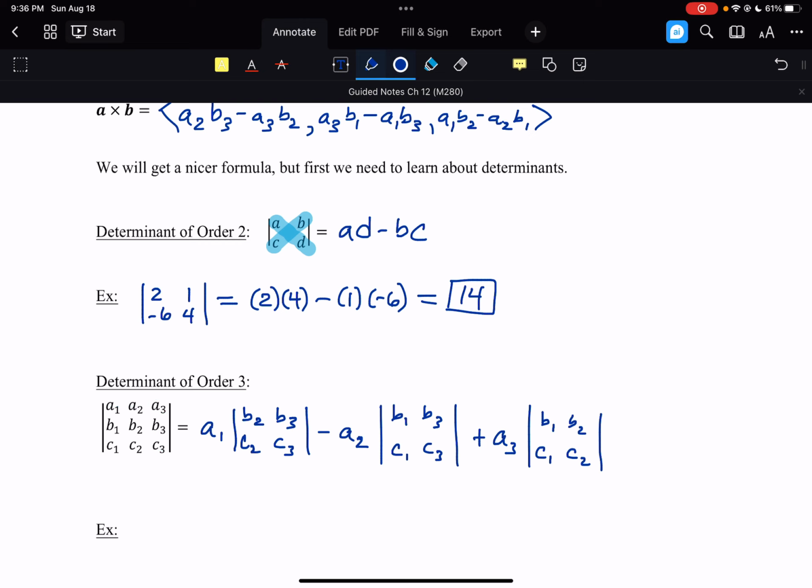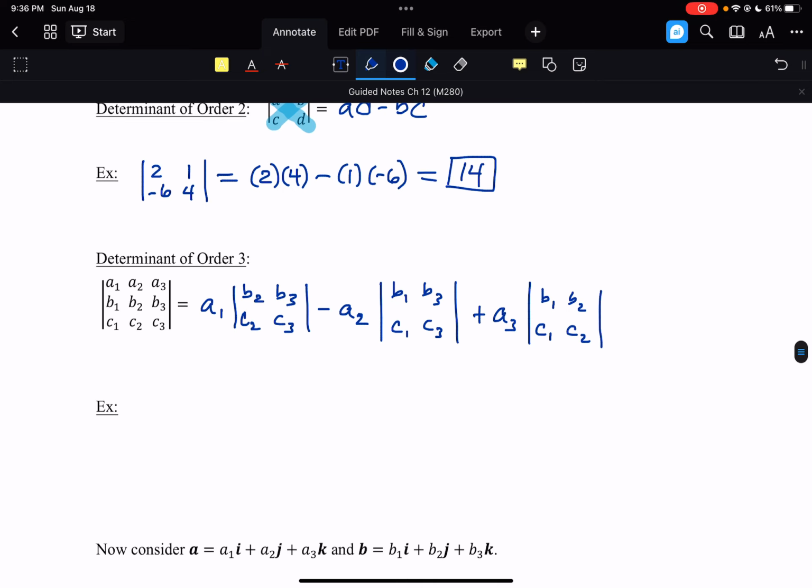And then, of course, we can compute the 2 by 2 determinants using the method that we just saw with that formula AD minus BC. For example, say we have a 3 by 3 with rows 1, 2, negative 1; 3, 0, 1; negative 5, 4, 2.